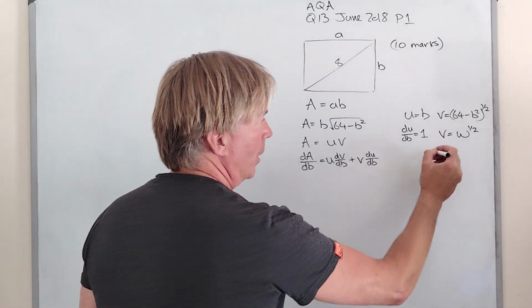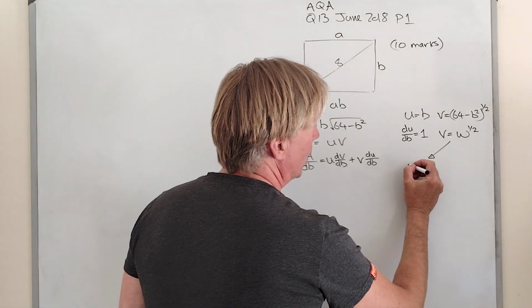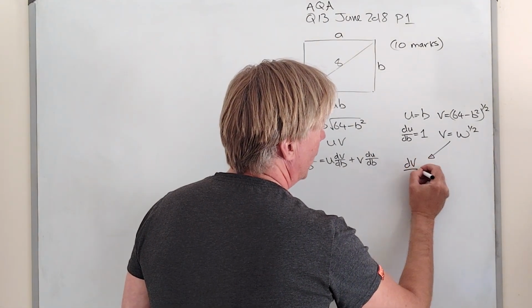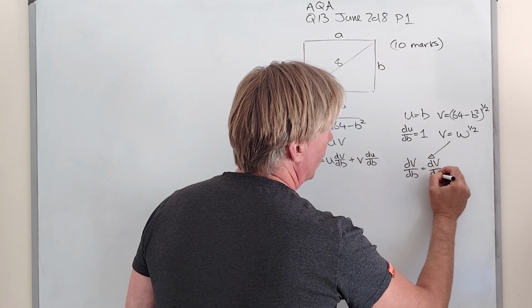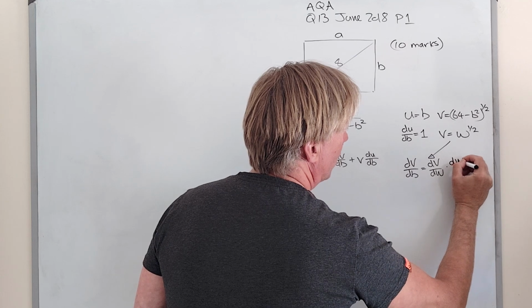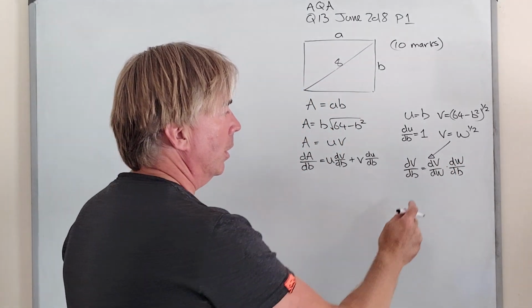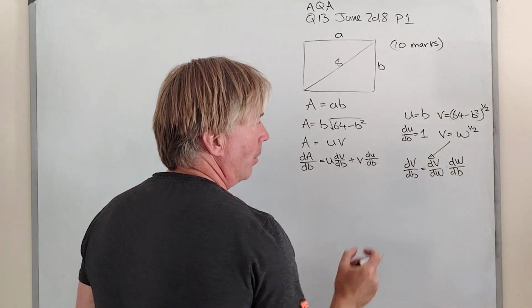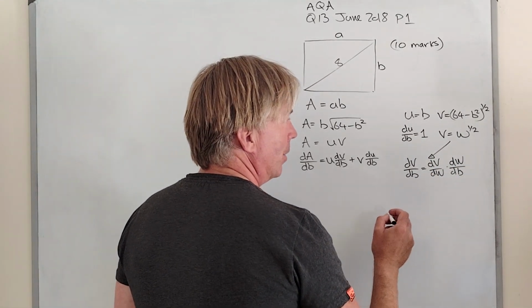Using the chain rule, dv by db is equal to dv by dw times dw by db. Obviously, if you look at the chain rule, you cancel the dw's and you get the dv by db we want. So let's go ahead and try this, shall we?